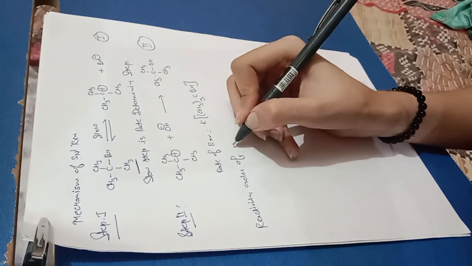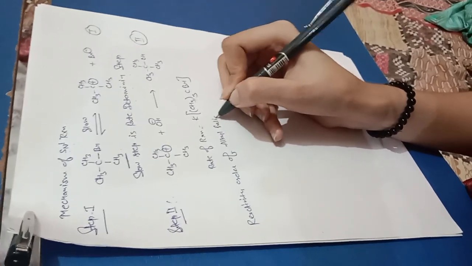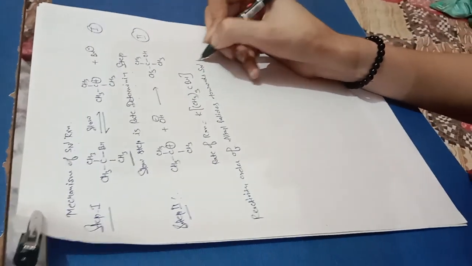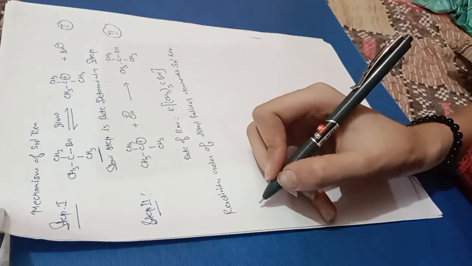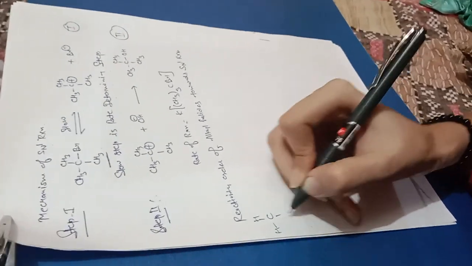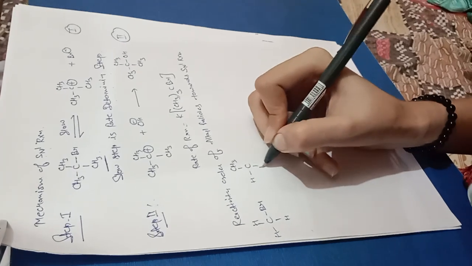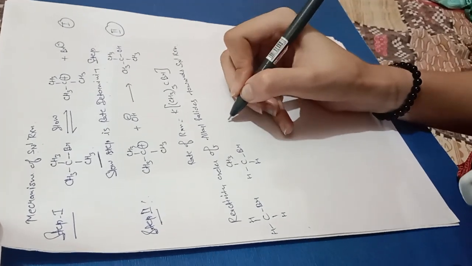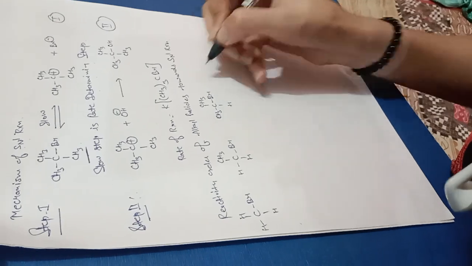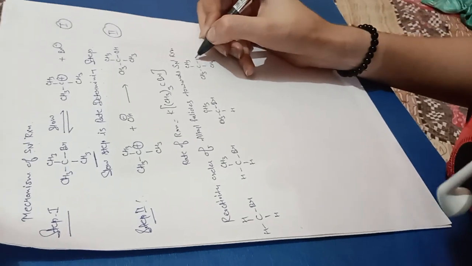Now let us discuss the reactivity order of alkyl halides towards the SN1 reaction. Let us take an example of methyl bromide, then your primary, then secondary, and after that tertiary butyl bromide.